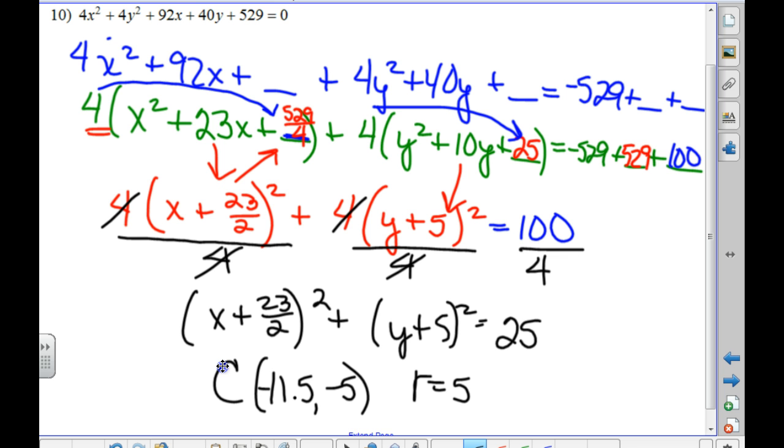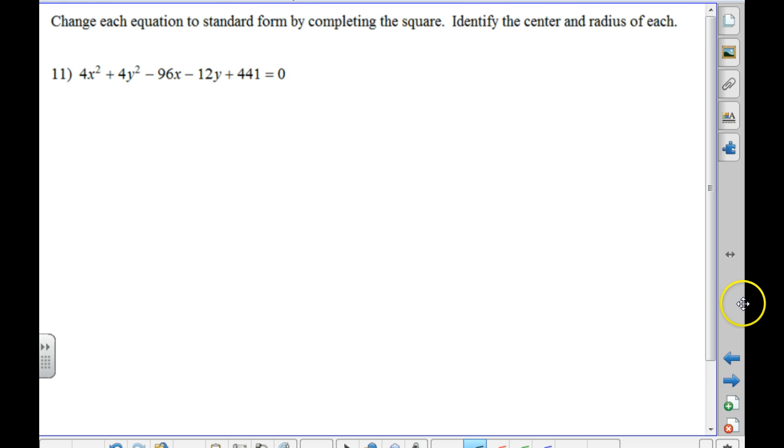Yes. All right. The other way we could have done this problem, let's go ahead and do this next one by dividing everything by 4 from the beginning. Doesn't matter when you're doing circles, you can do either way. If we decide to divide all of this by 4, I'm going to try to write it out at once.